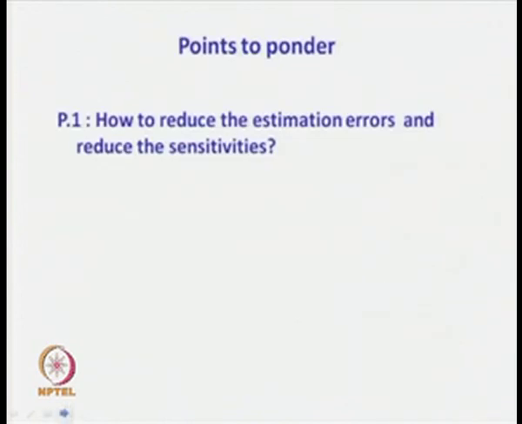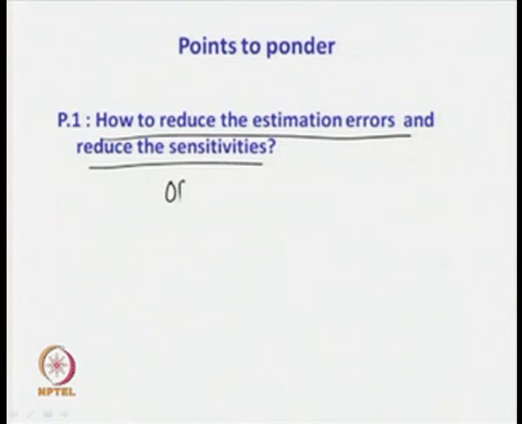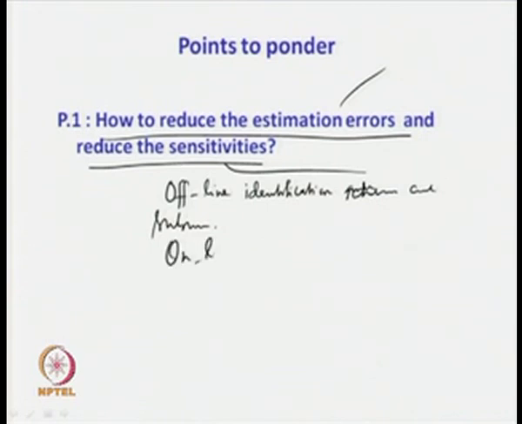Now, one point to ponder: how to reduce the estimation errors and reduce the sensitivities. There are many ways, as I have told you. Offline identification schemes are subjected to high values of estimation errors and sensitivities, whereas online identification techniques can be used to reduce the estimation errors and reduce the sensitivities.